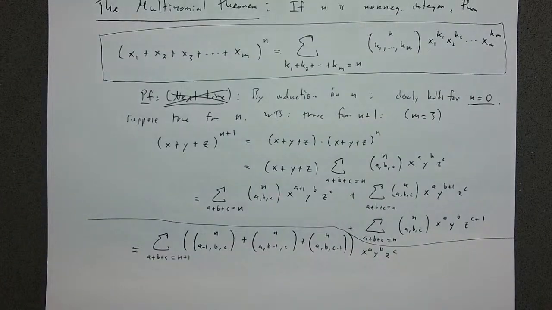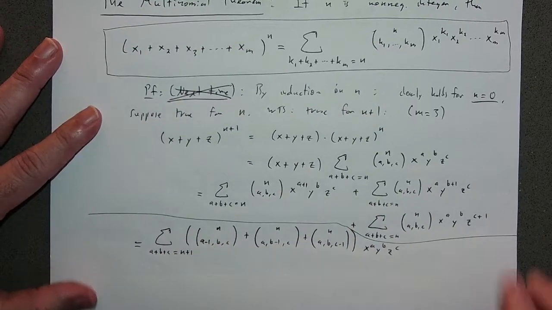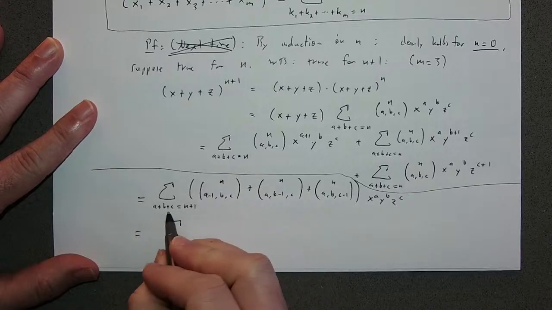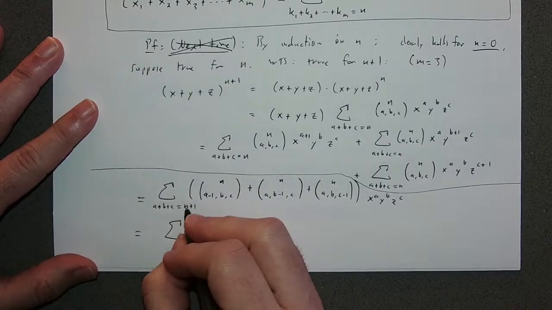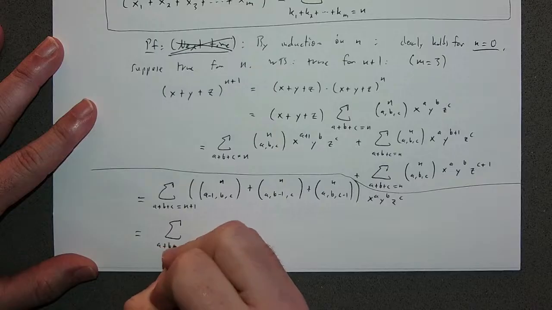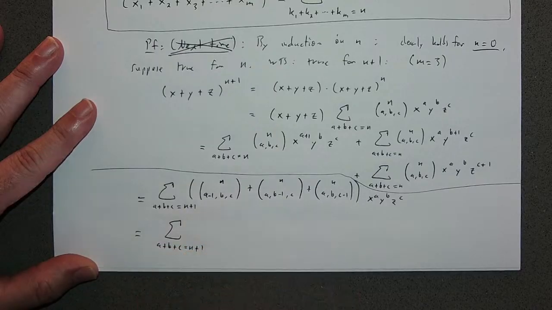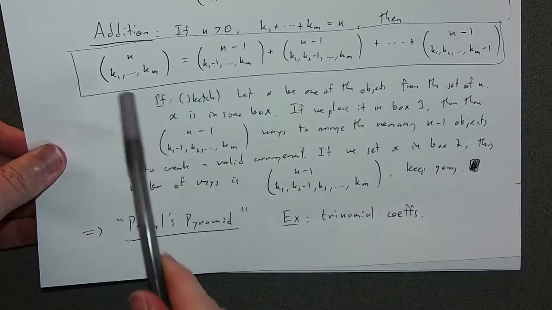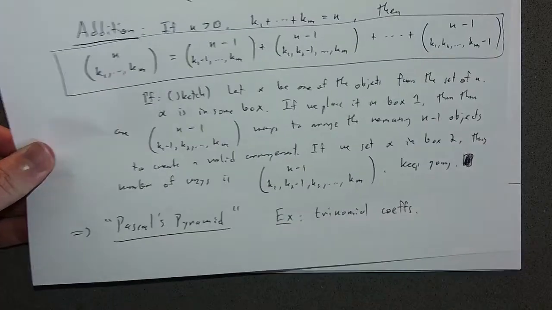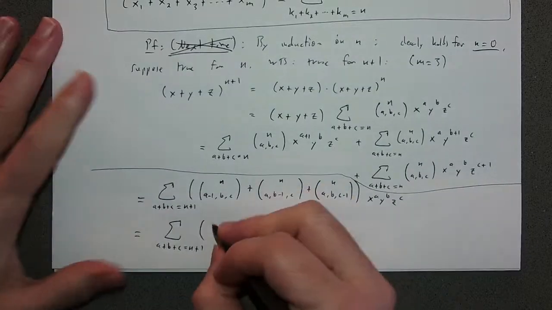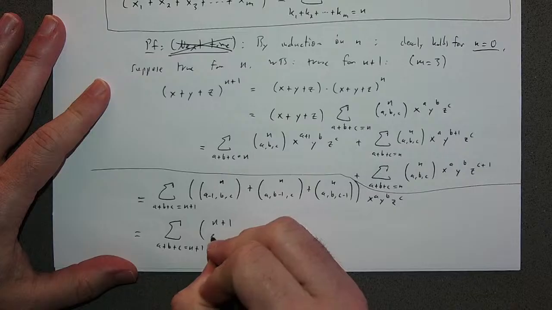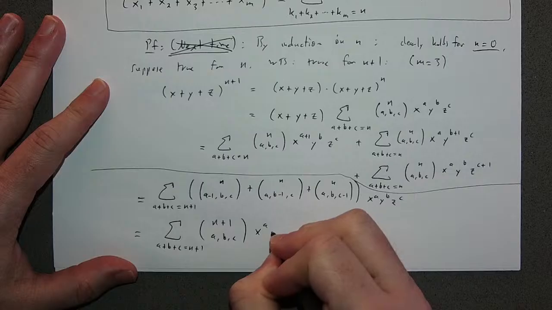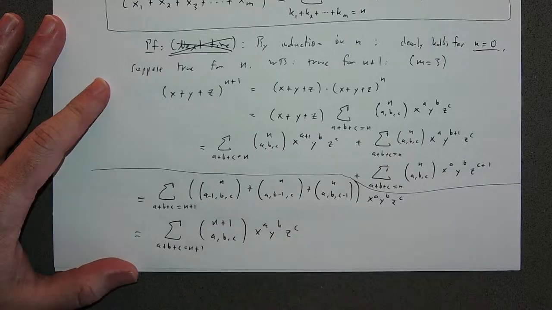So that is to say, these combine. How do they combine? Just rewriting this. The sum is still over a, b, c such that a plus b plus c is equal to n plus 1. And this, by this addition fact that I've boxed here from yesterday, is n plus 1 choose a, b, c times x to the a, y to the b, z to the c.